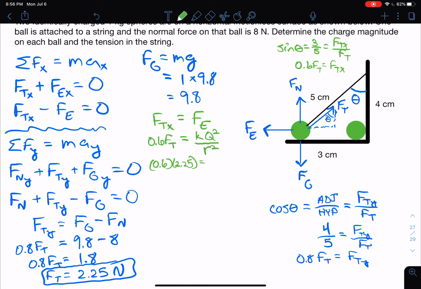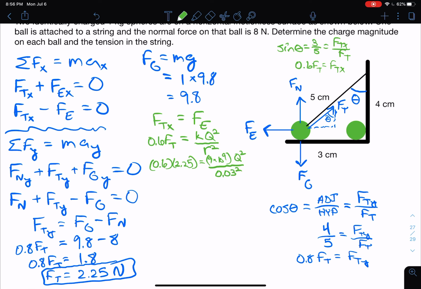I know K, that's 9 times 10 to the 9th, Q squared. R is the distance between the centers of my two objects, so that's going to be the 3 centimeters. That's right down here. So I need to convert to meters, so 0.03.